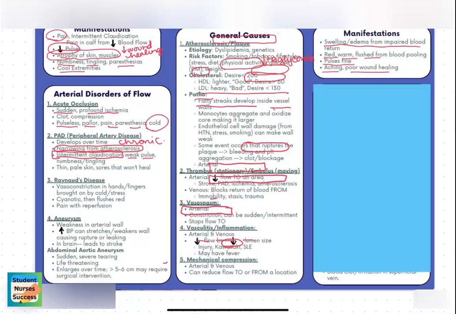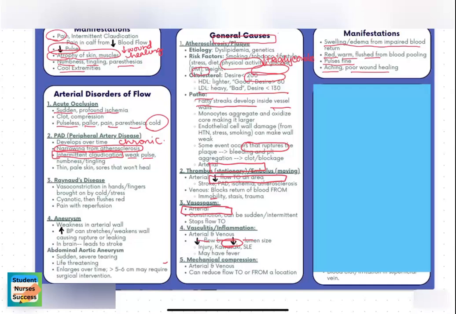Intermittent claudication is usually pain in the calf. Now, when we're walking or using our muscles in our legs, they demand more oxygen to those muscles. Well, if you have peripheral artery disease and you're trying to walk several city blocks, for example, those muscles aren't getting enough oxygen and blood flow to sustain that physical activity.